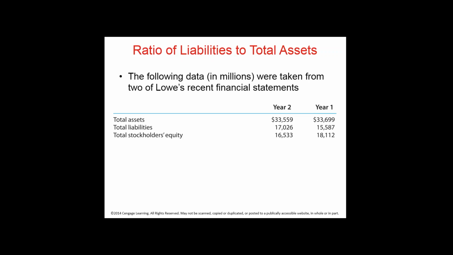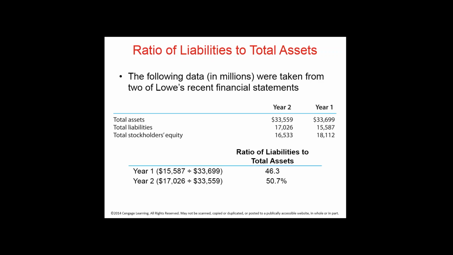So let's look at Lowe's. Total liabilities divided by total assets, we have year 1 and year 2. In year 1, it's 46.3, and in year 2, it's 50.7.